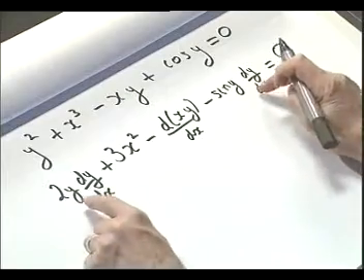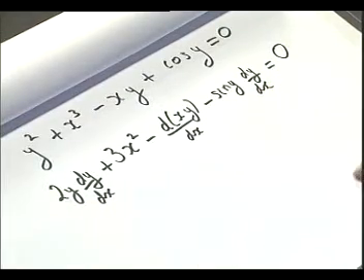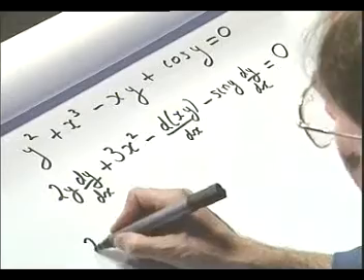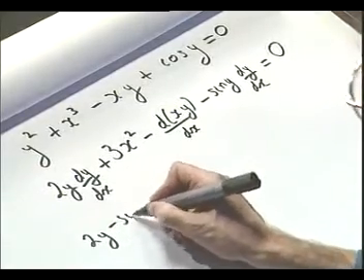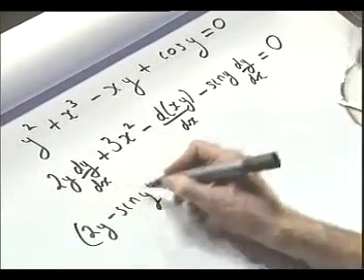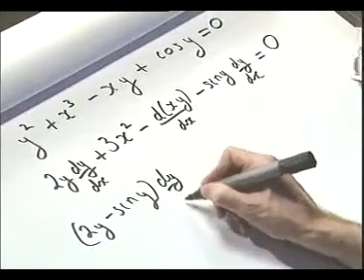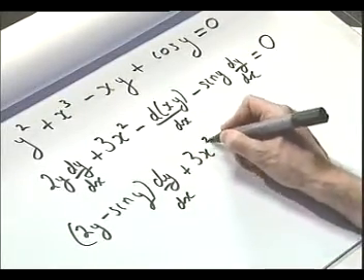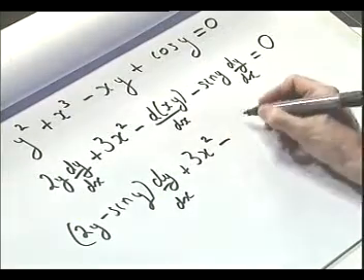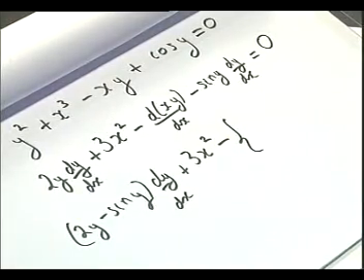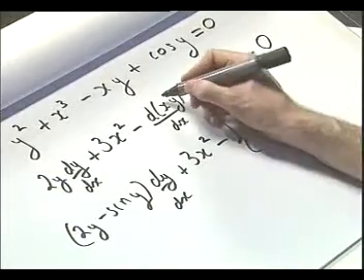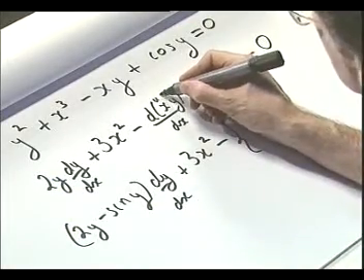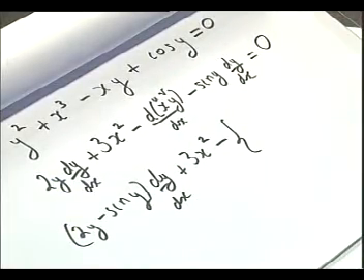So let's get these two terms together, because they've both got a dy by dx. So I have 2y minus sine y times dy by dx plus 3x squared minus, now this is a product. It is a u times a v.